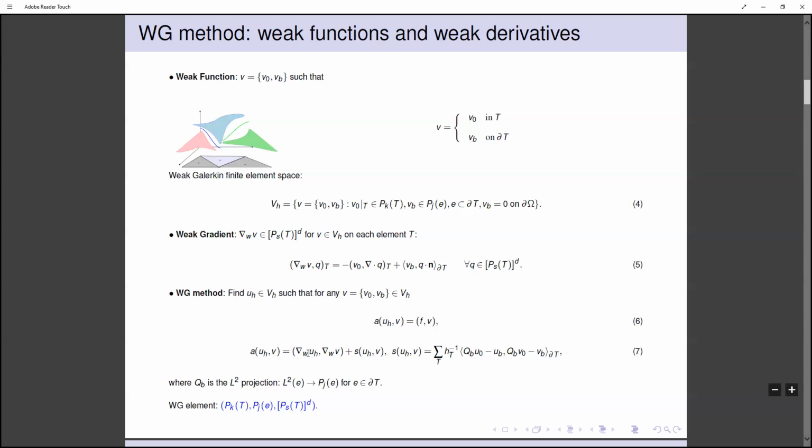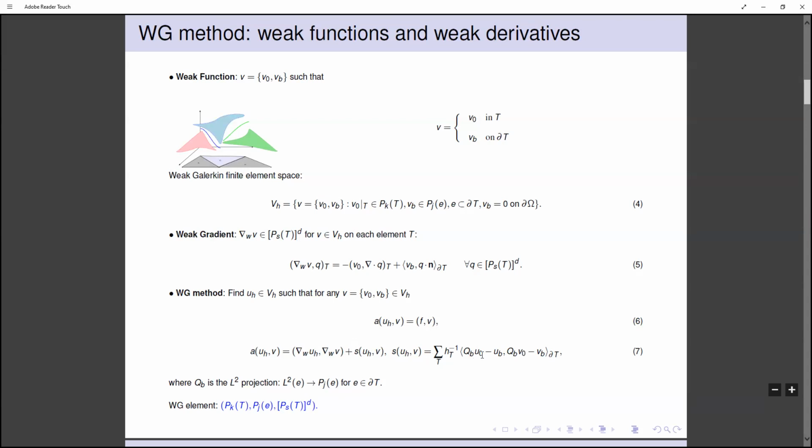So here, instead of the gradient of uh and gradient of v, we have the weak gradient of uh and weak gradient of v, because uh and v are totally discontinuous functions. And we need to add a stabilizer to make sure that equation 6 is well posed.